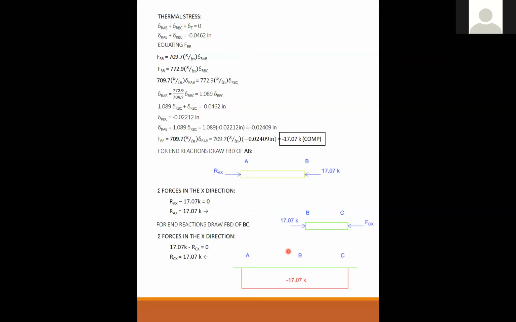So that's how you find where node B is. We will talk about this more next time because we're going to do a little bit more of that calculation next time.